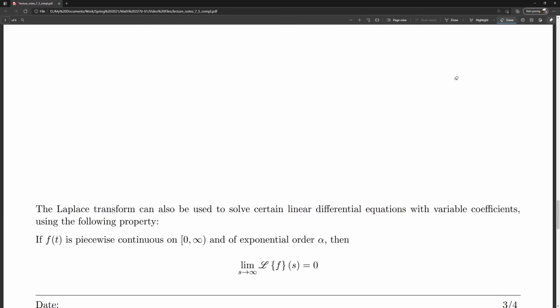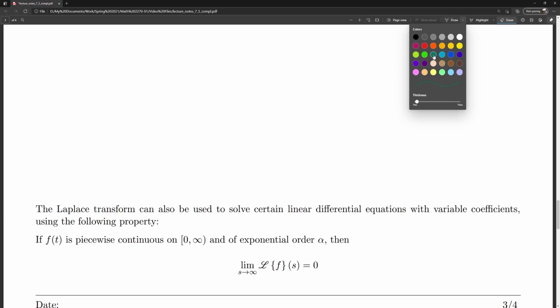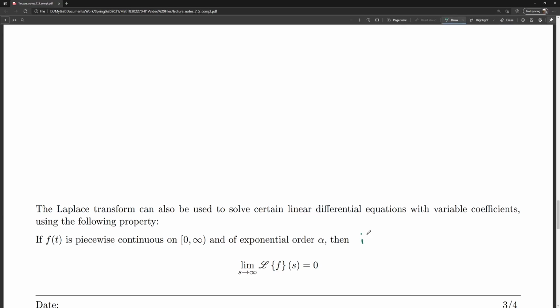Now, in particular, of interest for us is that if y is differentiable, then it is piecewise continuous.